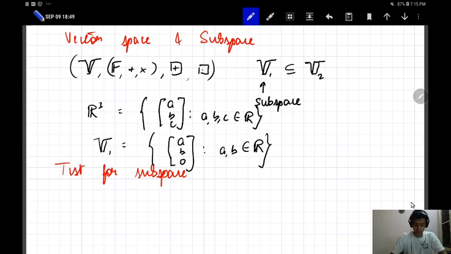So clearly V1 is a strict subset of R3 because the third component is always 0, but the first two components can be chosen freely. So this is one example of a subspace of R3, and later in this video we'll see more examples of subspaces, right?